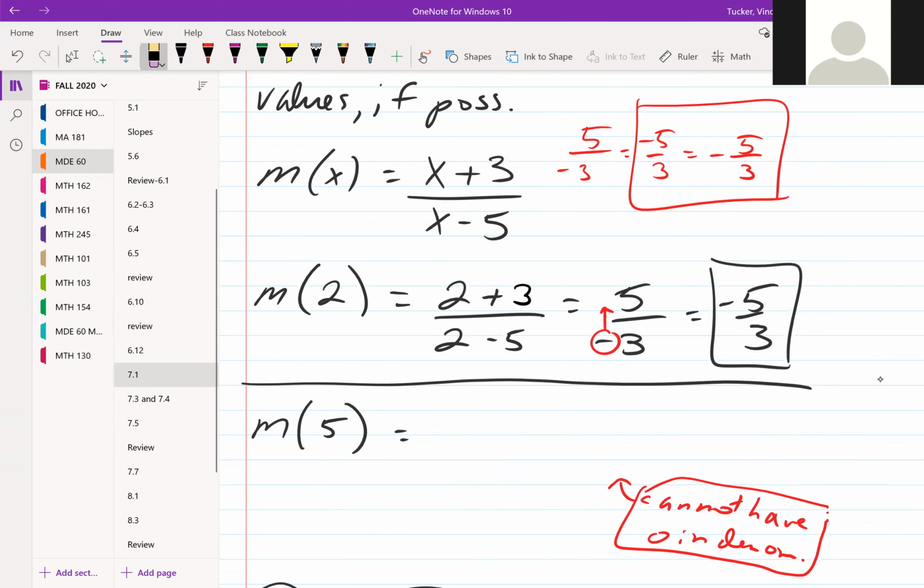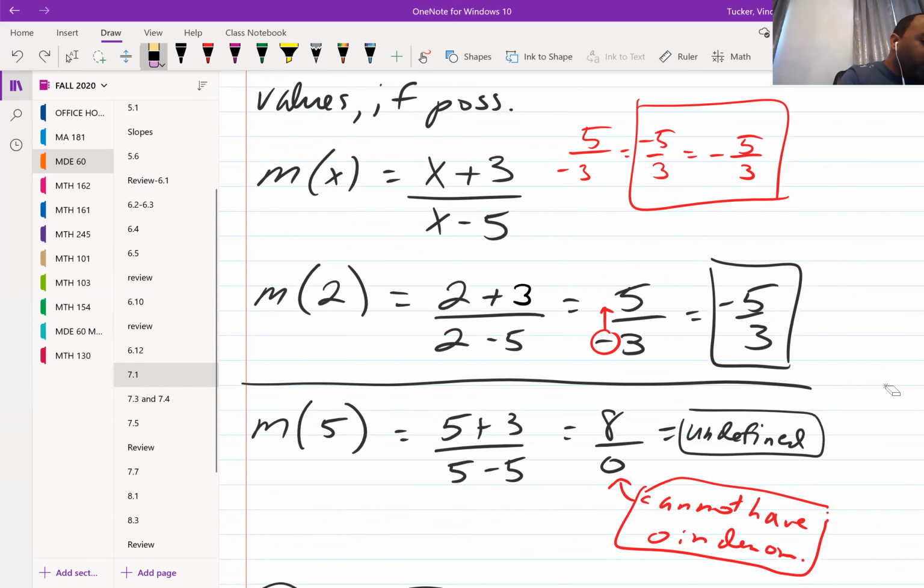So you plug the 5 into the equation, and you would have gotten 0 in your denominator. And 0 in your denominator is undefined. So that's what it meant by if possible. So when we see this, this is undefined.